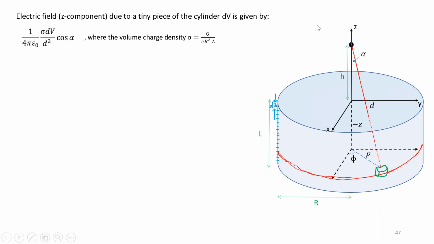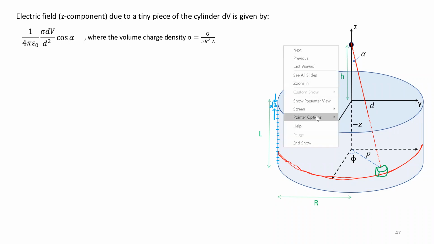But again, I still have this same cosine alpha telling you that I only need the z component of the field. At the end, again by symmetry, just like the example with the plates, you know that the total field after adding up all the contributions will be pointing in the z direction.